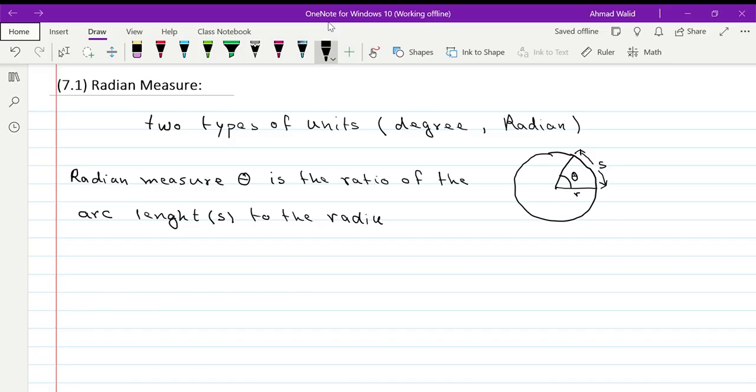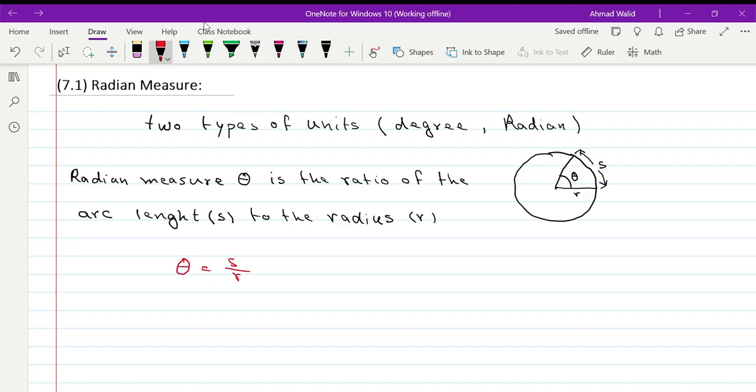To the radius R. Correct? It means theta equals S over R. If I write this definition in a mathematical way, theta equals S over R.